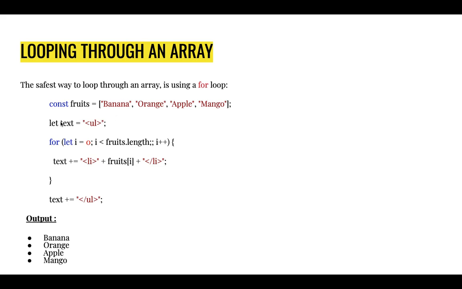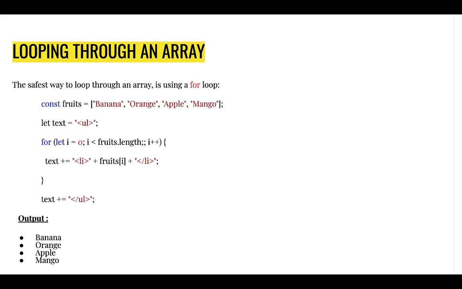We said let text equal to ul. This is the opening ul tag. Where do we have the closing ul tag? This is where we have the closing ul tag. So I'm sure you know what this means. In between we have a loop. We said for, okay, let me just leave this for now. We'll look at it in later videos.